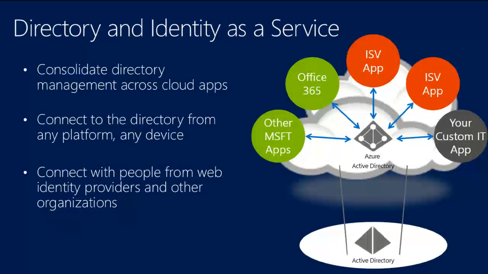So it's really directory and identity as a service, either as an ISV, where you write applications that you want to on-sell to other Active Directory organizations, or if you want to build your own line of business apps in the cloud, you can use this Windows Azure Active Directory investment that you've already got through Office 365. Okay? It's really about providing a nice, easily connectable, scalable platform for cloud-based applications. So that's Windows Azure Active Directory in a nutshell.